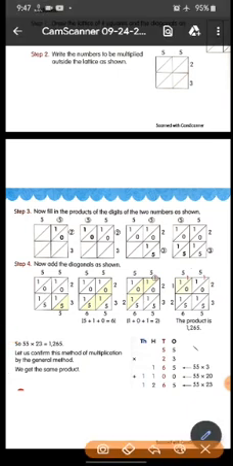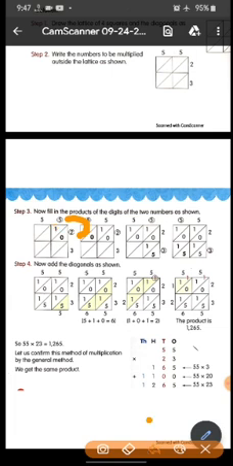Now how will we multiply? First, we will multiply 2 into 5. So we will write 10. Now next, 2 into 5. Here we will write 10. This is done, the top line is done.